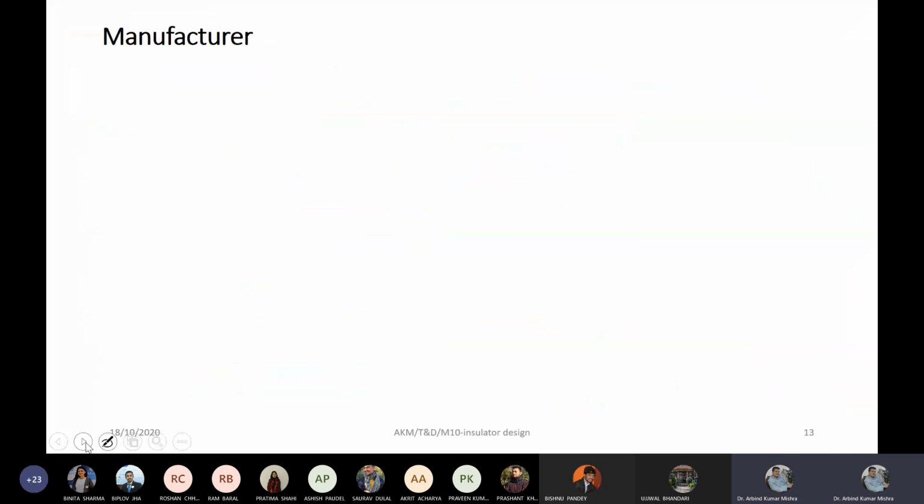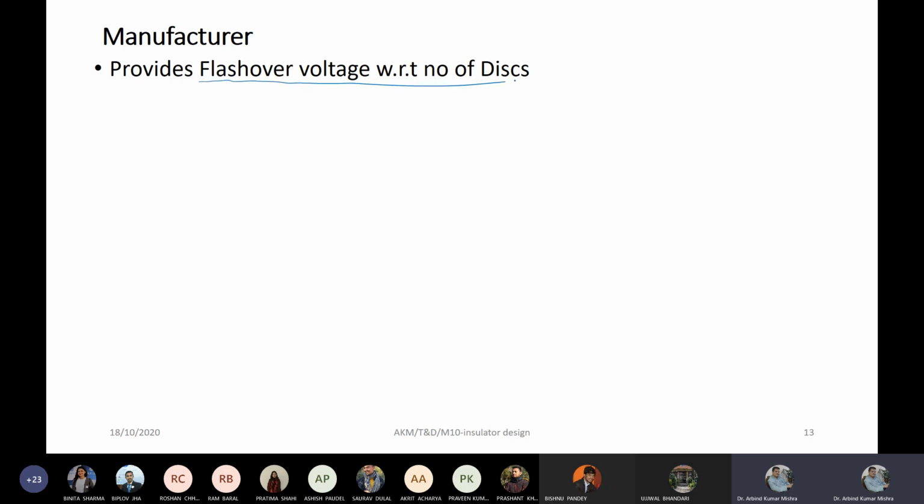Also, the manufacturers give values based on their material, shape and size, and as I have told you, their design itself is such that flashover occurs before puncture. So as design engineers for the transmission line, you don't need to consider puncture. Just consider that for your insulator there should be no flashover.